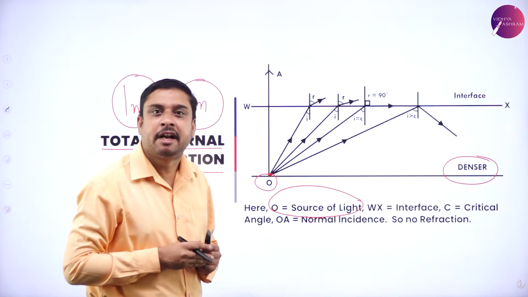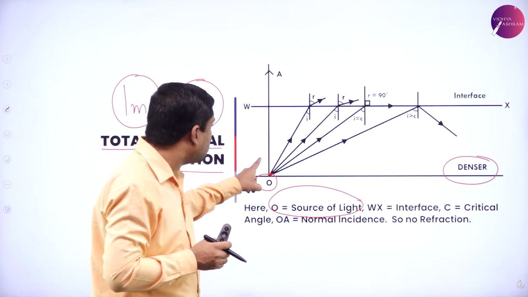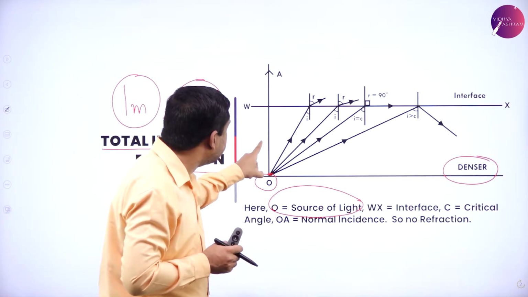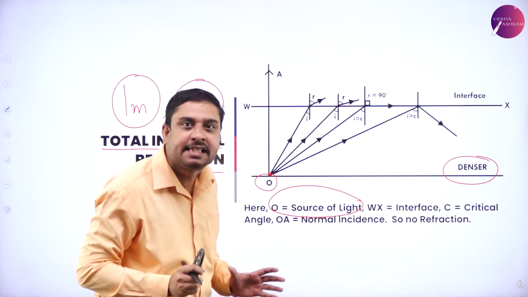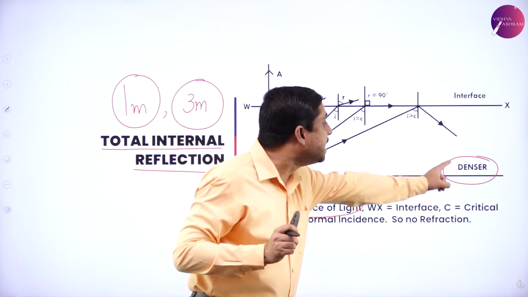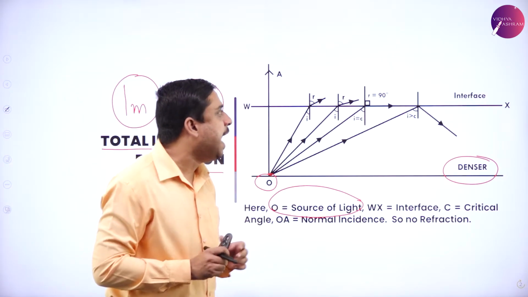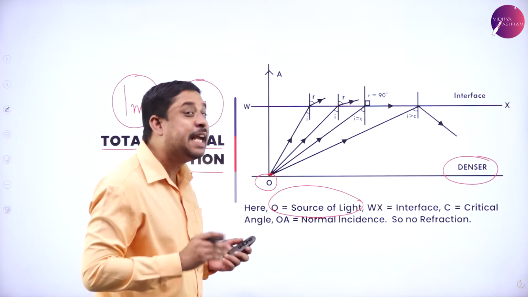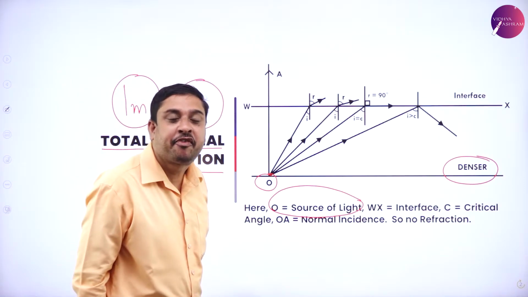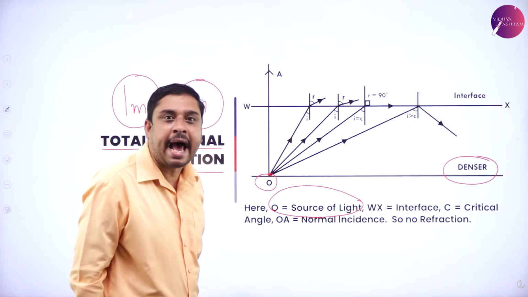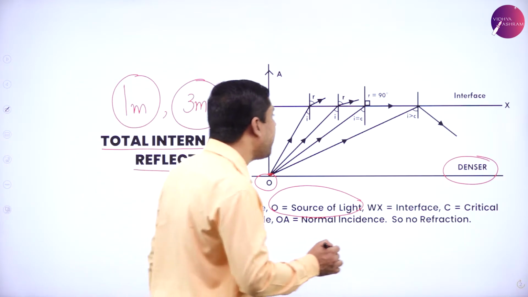We will consider a small LED bulb. So O is the point object which is placed in the denser medium, and WX is the interface. It is a surface, what we call as interface. What is this interface, students?